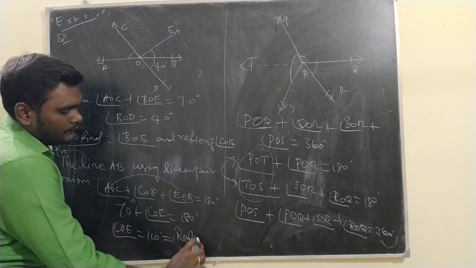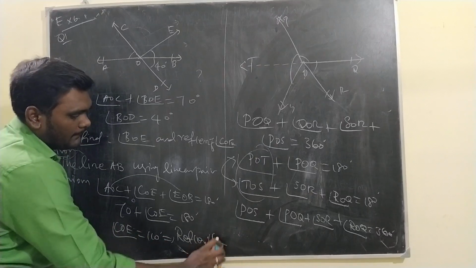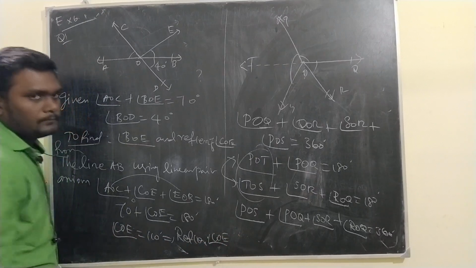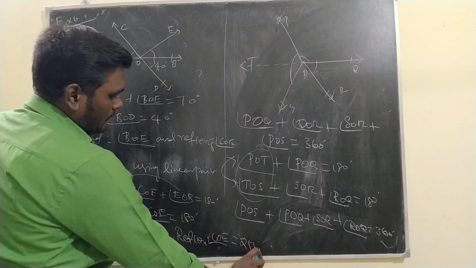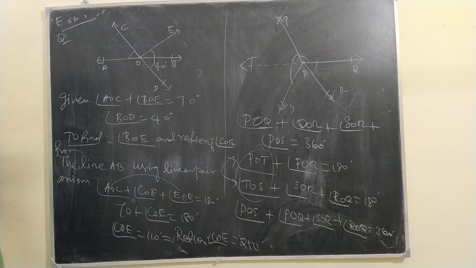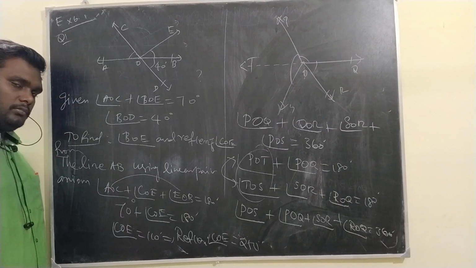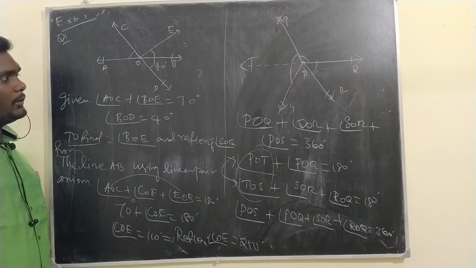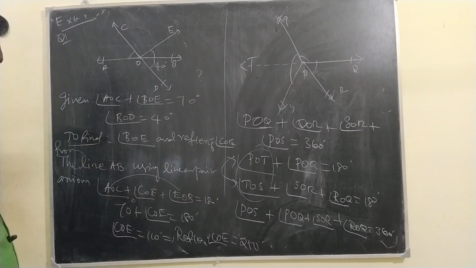And we need to find the reflex of COE. Reflex of 110 degree, how much? 360 minus 110, 250 degree. Now BOE we have to find. How will you find BOE?